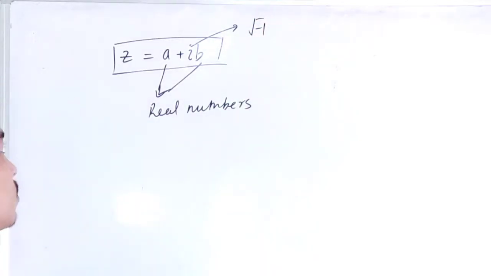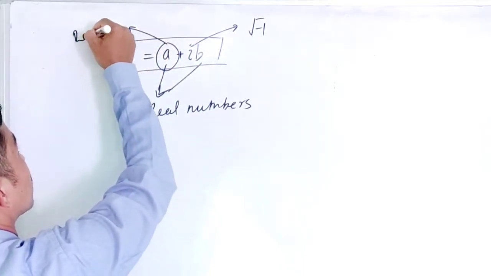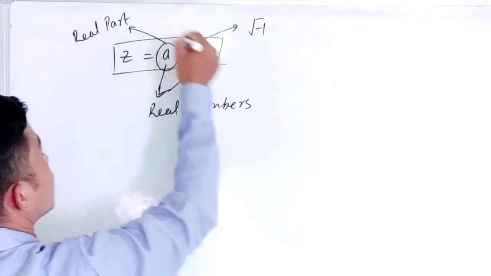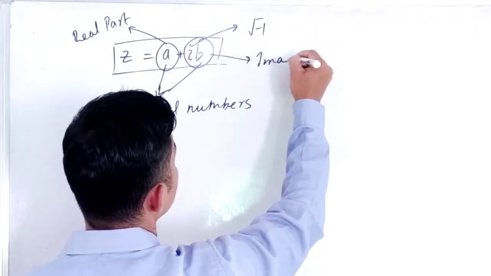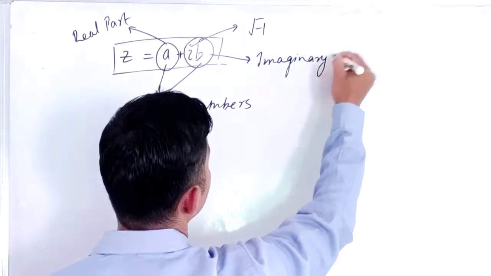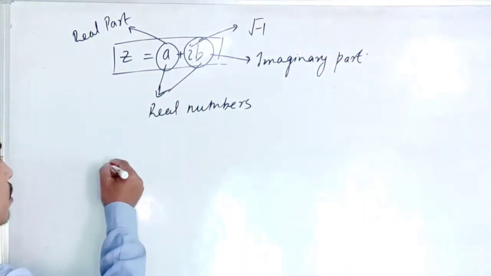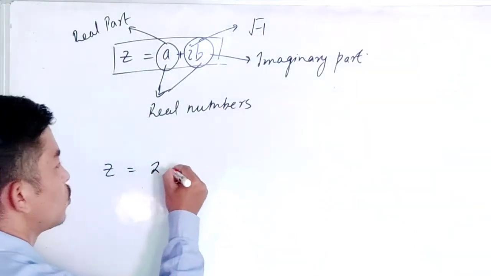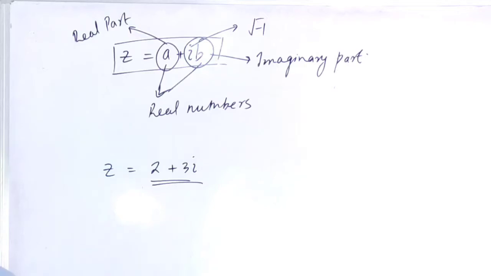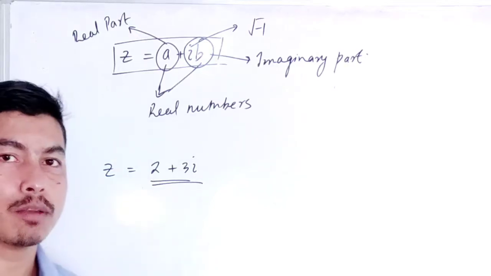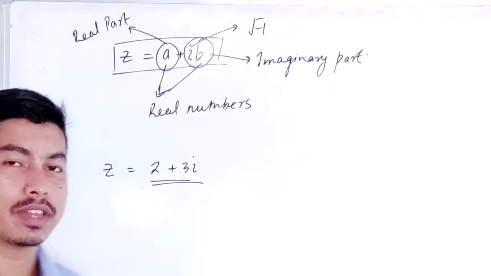Here a is termed as the real part and ib is termed as the imaginary part. For example, if I have a number like z equals 2 plus 3i, this is known as a complex number, where 2 is the real part and 3i is the imaginary part. Is that clear?